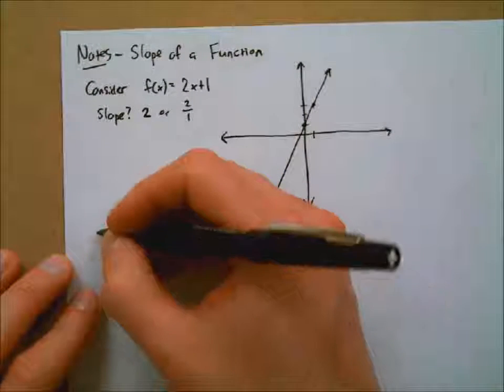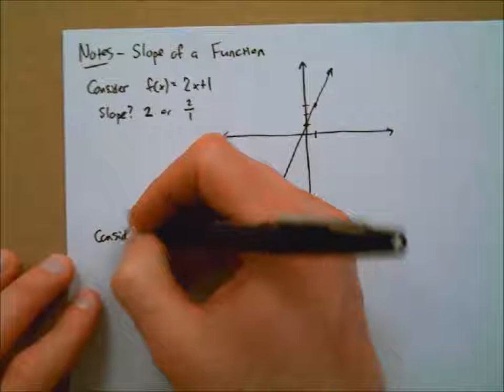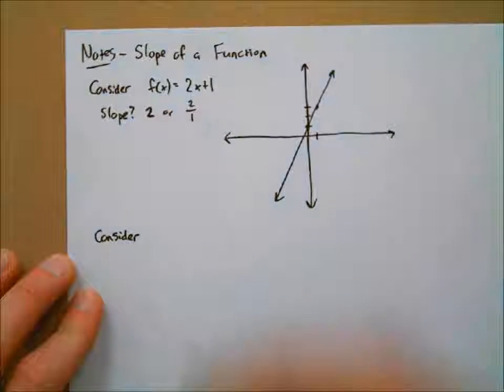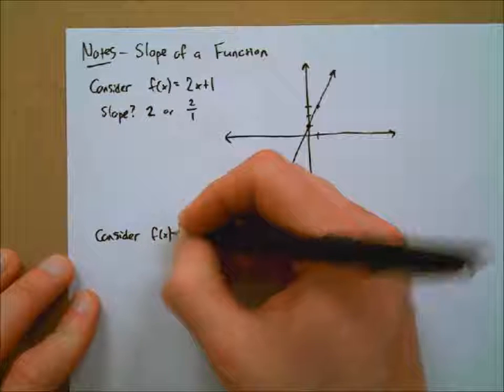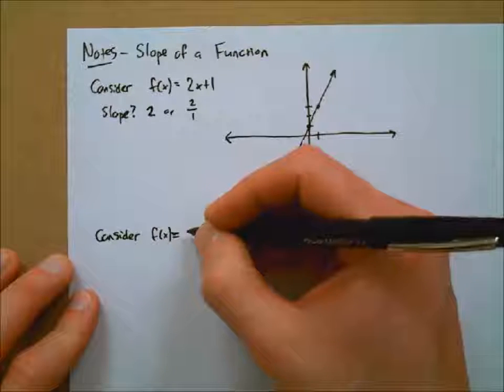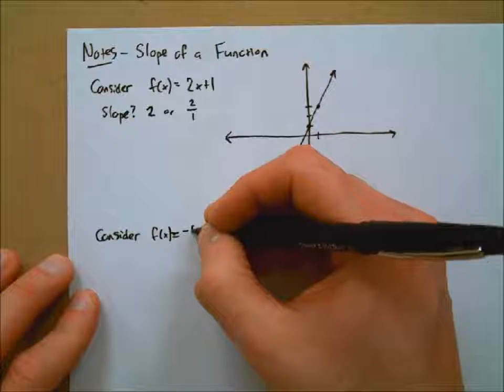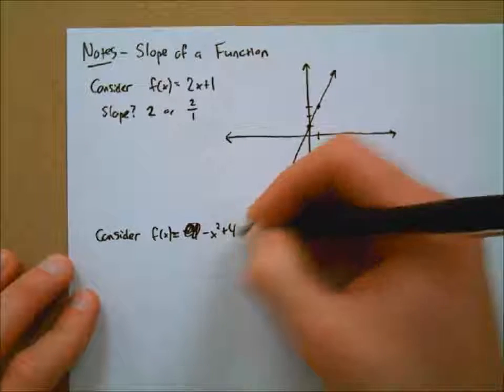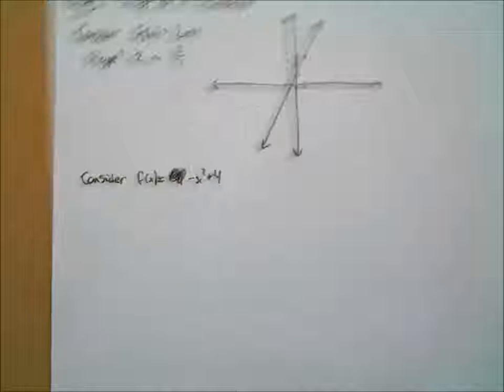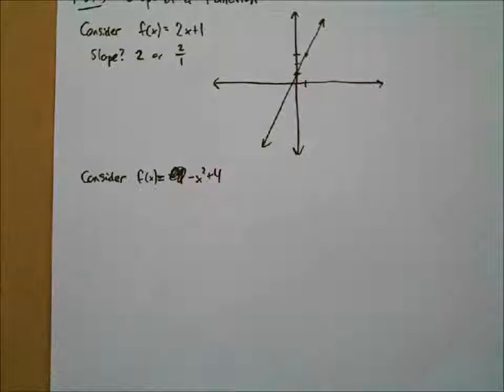But now let's consider a different kind of function. For example, we'll say, I don't know, f of x, I'll use f of x again, equal to negative x squared plus 4 is what I meant there. Sorry. Negative x squared plus 4. Okay?